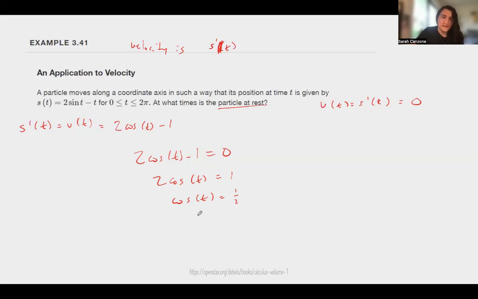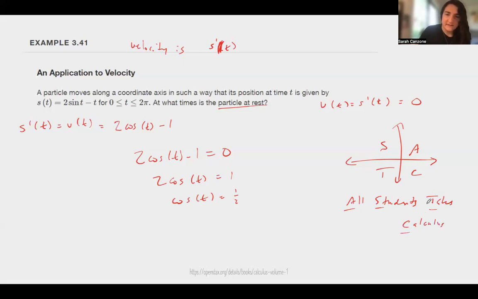So what it means to have the cosine equal to 1/2 is that we actually have 2 answers. Because this is a little refresher from pre-calc, you have your 4 quadrants. Cosine is actually positive in 2 of them. Cosine is positive here, and cosine is positive down here. And we have a little slogan. I'll write this. Sometimes we like to refer to this as All Students Take Calculus.